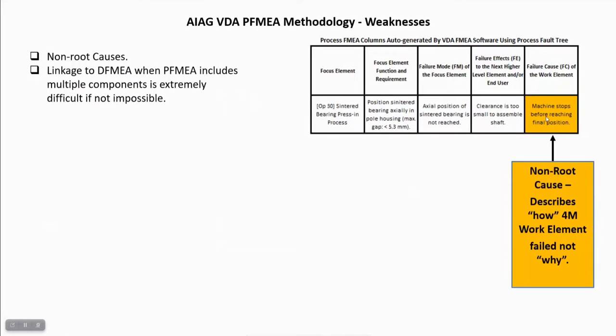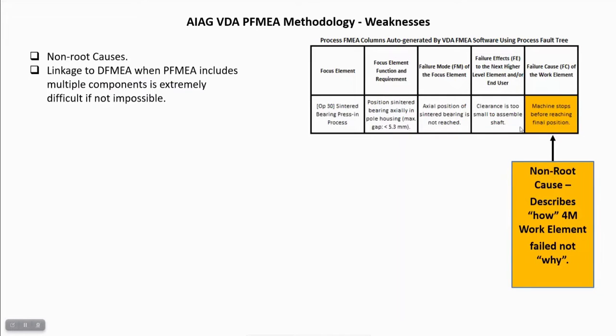But now when we get to the 4M element, we ask the question, how did the 4M work element fail, not why? And in a PFMEA, process FMEA, we need to ask why, because our goal is to prevent these particular failures.